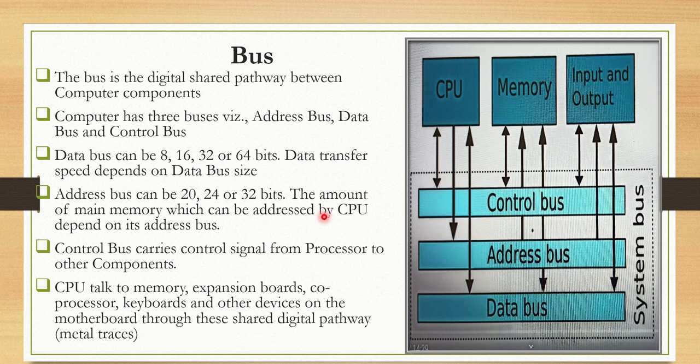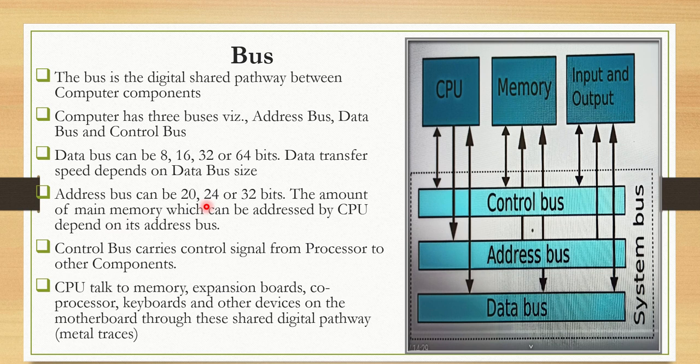If you have a 64-bit data bus, then 64 bits of data go at an instant. So it is 8 times faster than an 8-bit data bus. That's why a 64-bit machine can transfer data faster than an 8-bit machine. Data transfer speed depends on the data bus size.